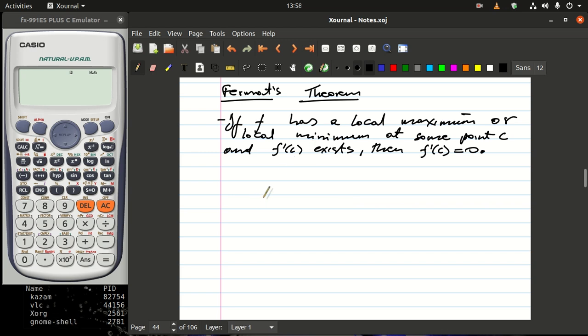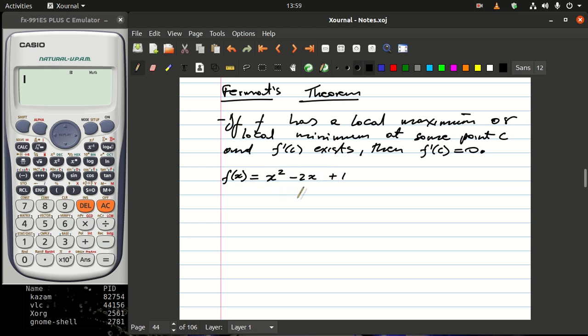For instance, suppose I am giving you a function. I'm saying that we have f of x equal to x squared minus 2x plus 1. If you look into this function, first of all, it must have a turning point. This function does have a turning point.